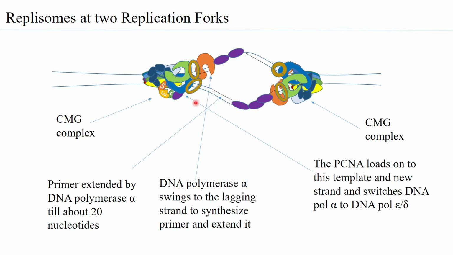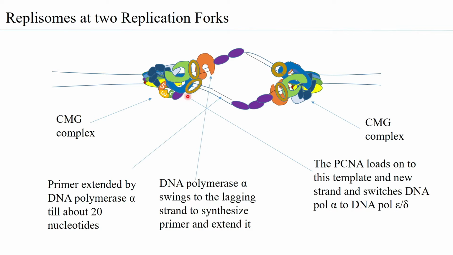Once PCNA gets loaded on the double-stranded DNA that is now formed thanks to the DNA pol alpha primase complex, this PCNA is able to bind to DNA polymerase epsilon if it is the leading strand, and DNA polymerase delta if it is the lagging strand. So the switch from DNA polymerase alpha to epsilon, or from alpha to delta, is thanks to the PCNA.